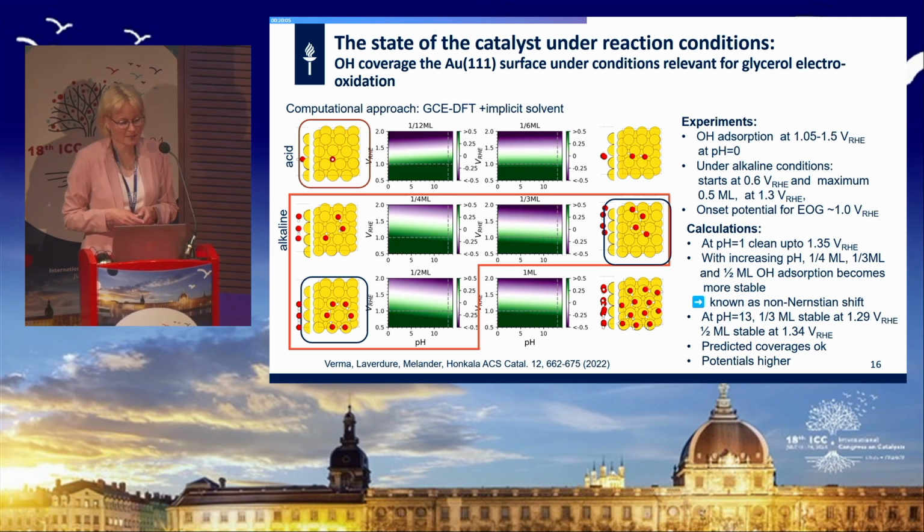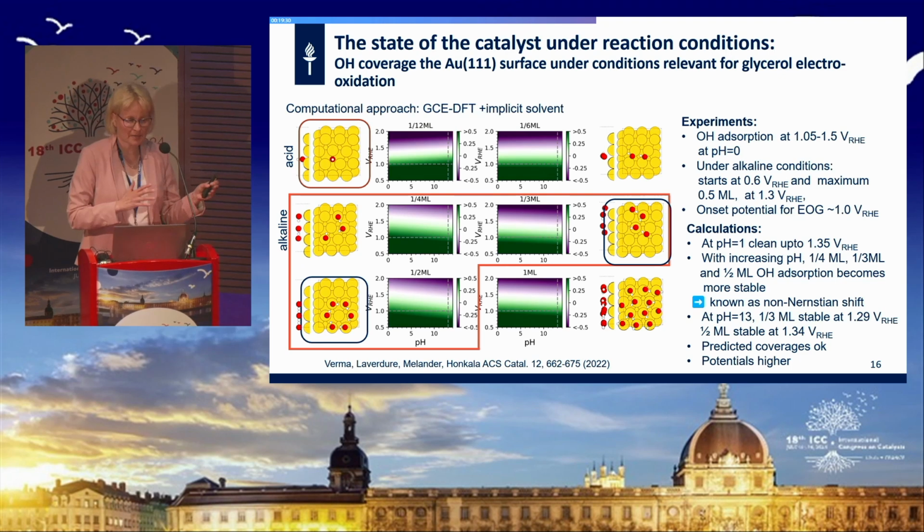The stability of the OH groups increases with increasing pH, and this is known as non-Nernstian shifts, which originates from the shift in the potential of zero charge as a function of the surface dipole. At alkaline conditions, around pH 13, 1/3 monolayer is stable at 1.29 volts, whereas a little bit higher voltages are needed for half a monolayer.